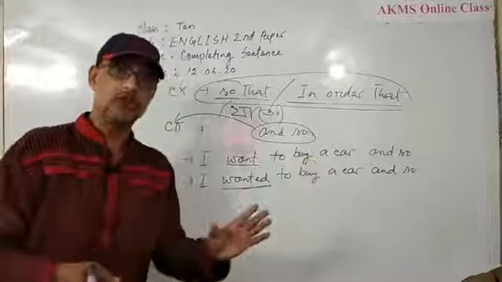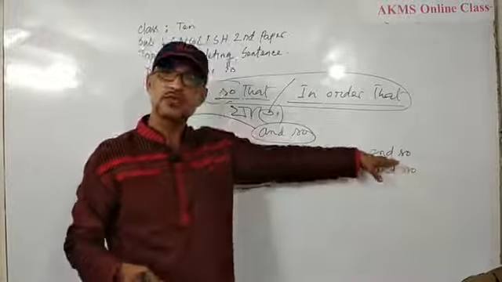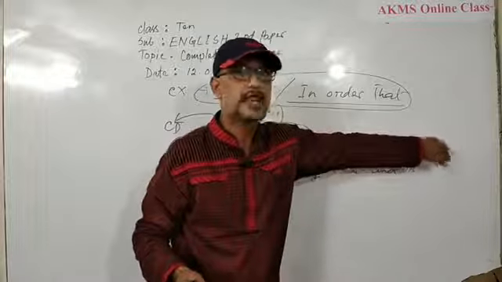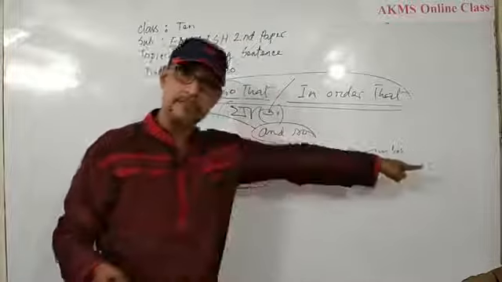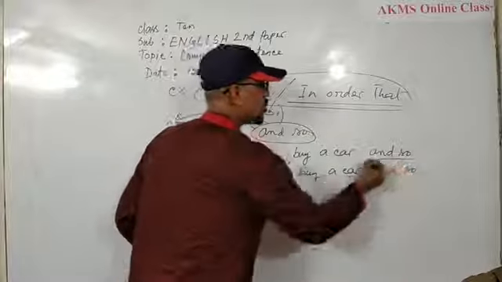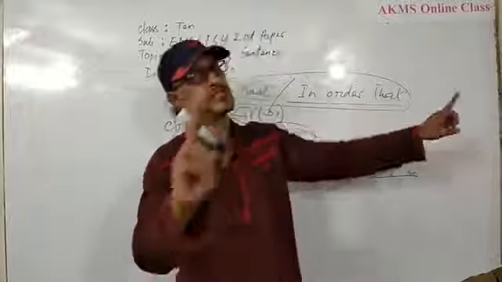Though I have told you, whenever you will combine a sentence with the use of and, you need not use another subject if the subject is the same. But if the sentence is connected with and so, then you should write the subject, though the subject is the same.